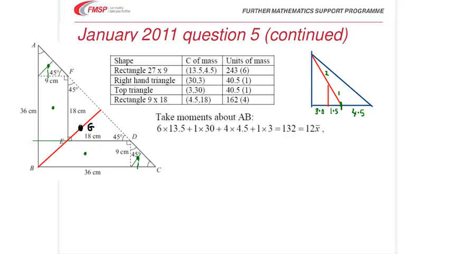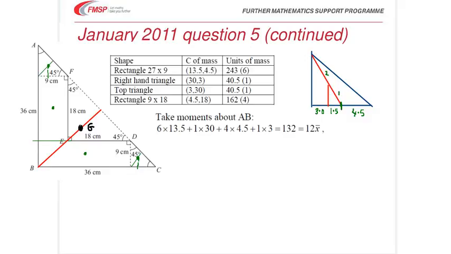One more thing to check with you. As far as the two little triangles go, we need to know where the centre of mass of those are. Let me remind you, in case you need reminding, here's one of the triangles. This side is 9. I've shown this median from the midpoint of the side to the corner. The centre of mass of a triangle is 1/3 of the way up the median.